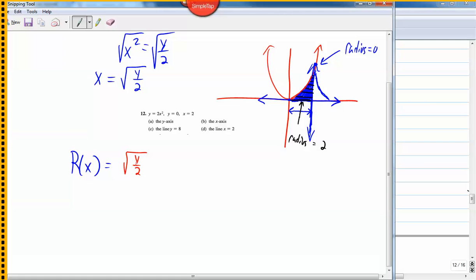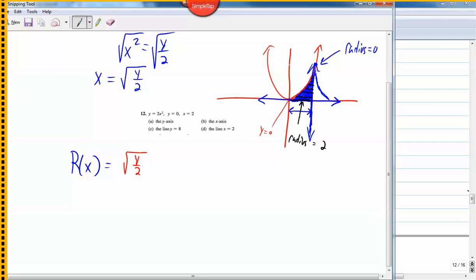You say, why are you choosing 0? Because on this graph, I'm looking at when y is 0. What is my radius? 0. What should it be? It should be 2.